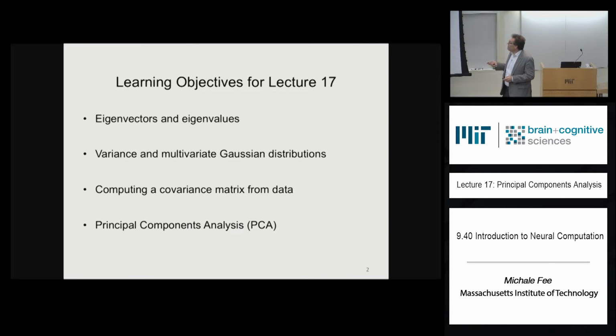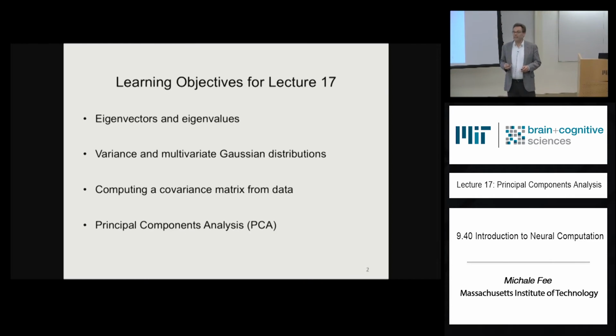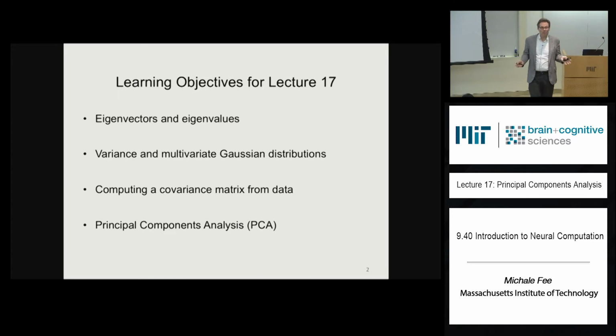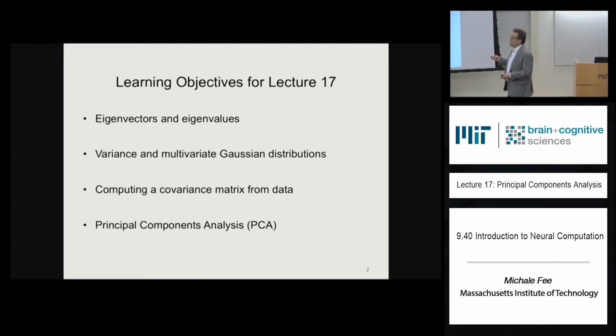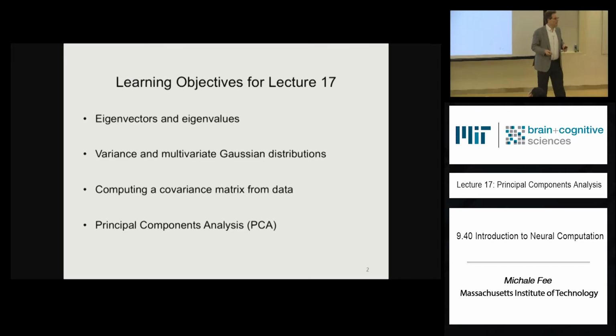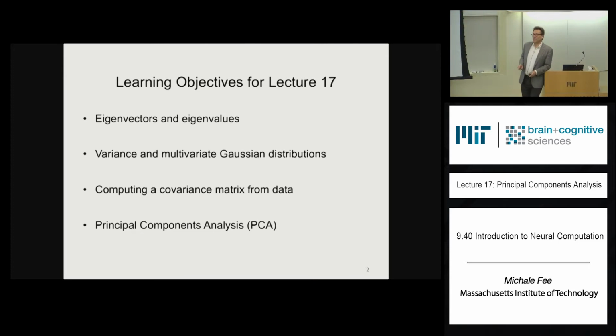So eigenvalues and eigenvectors are important for everything from understanding energy levels in quantum mechanics to understanding the vibrational modes of a musical instrument, to analyzing the dynamics of differential equations of the sort that describe neural circuits in the brain, and also for analyzing data and doing dimensionality reduction. Understanding eigenvectors and eigenvalues is very important for doing things like principal components analysis.